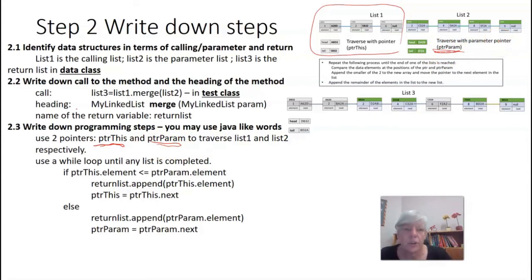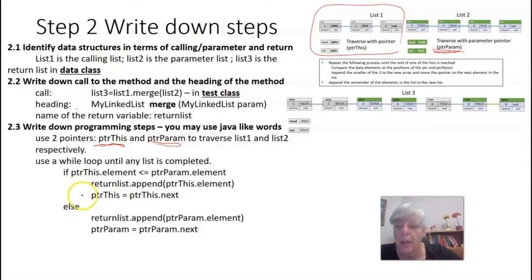Now we are going to do a while loop. In my planning I don't put compareTo because it's all too confusing. I'm saying this without the compareTo. I'm using a while loop until any of the lists are completed, or when I find a null, until any of the lists are fully traversed.